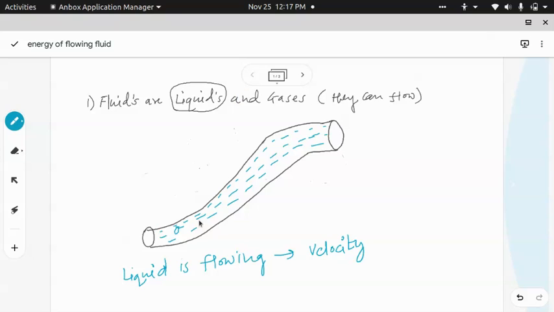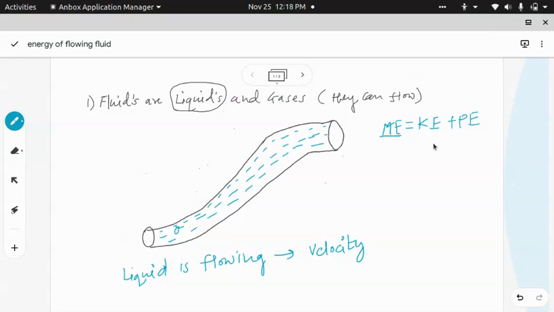We basically differentiate mechanical energy into two things. Mechanical energy is equal to kinetic energy plus potential energy.